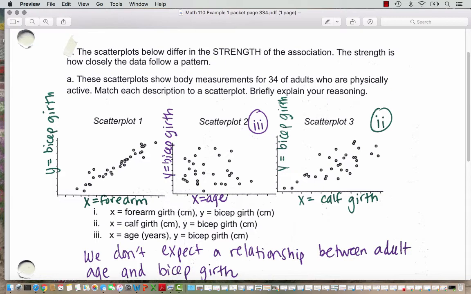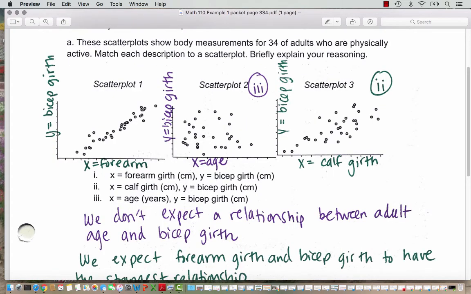So in most cases, we probably have a positive association there. So I labeled scatter plot 1 as matching scenario 1, where x is the forearm girth and y is the bicep girth. And then scatter plot 3 is matching scenario 2, where x is the calf girth and y is the bicep girth.